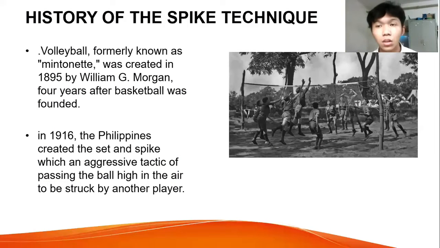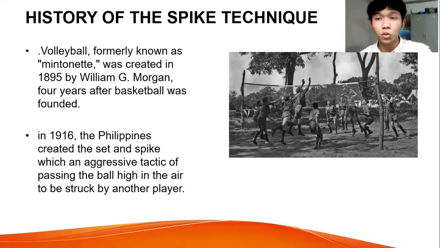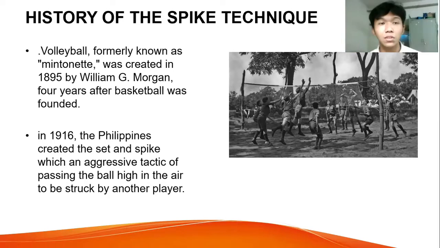Okay, first things first, for your information, the history of the spike technique. We know that volleyball is one of the most popular sports in this world, and it was originally known as Mintonette, created in 1895 by William G. Morgan, 4 years after basketball was founded.